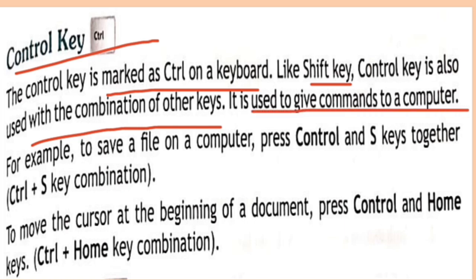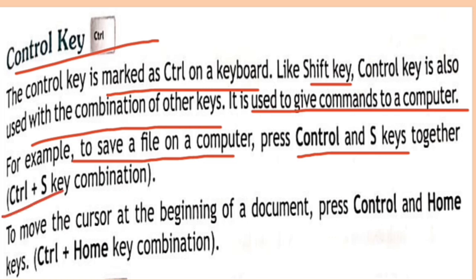It is also used to give commands to a computer. For example, if we want to save a file on a computer, then what will we press? We will press the Control plus S keys together.